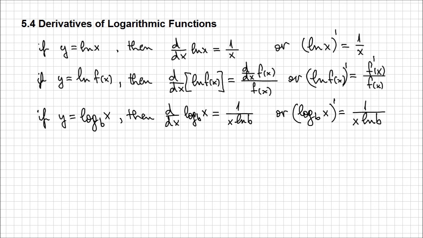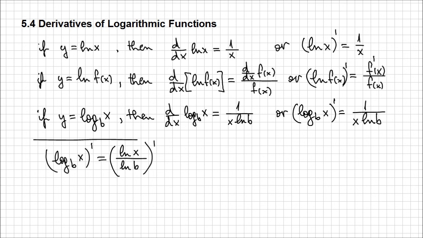To prove this rule, let's calculate rewriting this logarithm in base e. Because we already have the formulas for the natural logarithm, we can use them now. The derivative of this log in base b of x is equal to, I'm going to change this logarithm into a natural logarithm, so it's going to be ln of x over ln of b, the old base, and we take the derivative of all this expression.